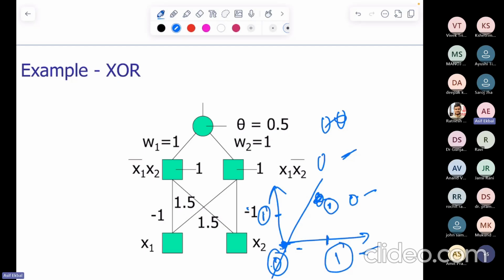You draw any single line, and you cannot really discriminate them by any single linear line, the inputs having 0 as the output and those having 1 as the output. So that becomes a tricky problem, and that actually needs more discussion, more sophisticated algorithms, more refinement.